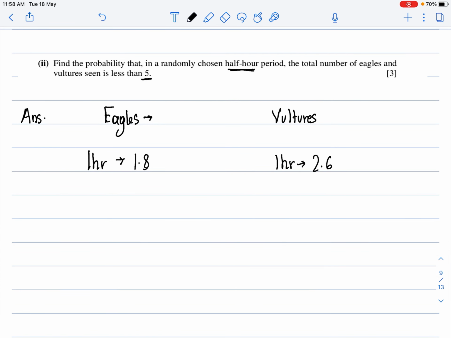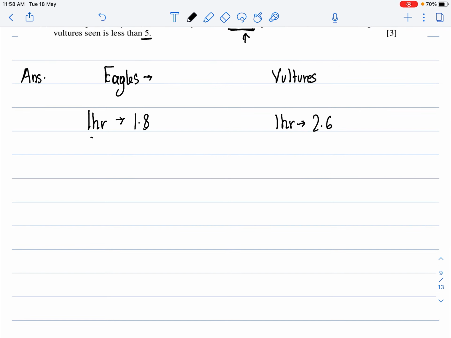Now what I need to do is, they have given me a half hour period, so the half hour period means 0.5 hours. So 0.5 into 1.8 can simply give me 0.9, and here also 0.5 into 2.6 can give me 1.3.